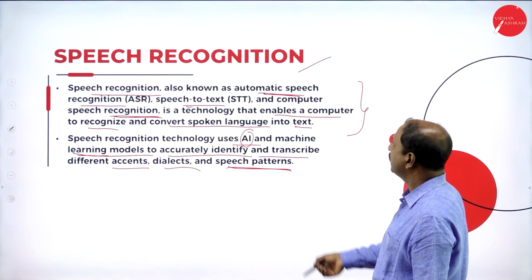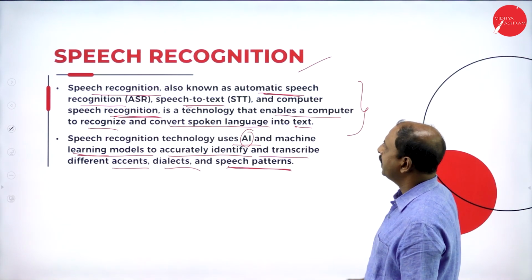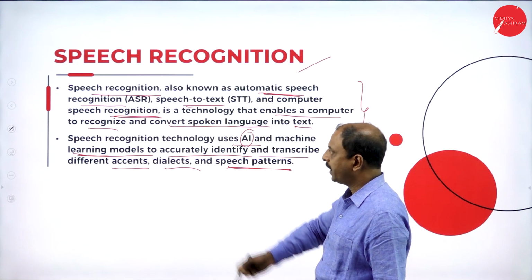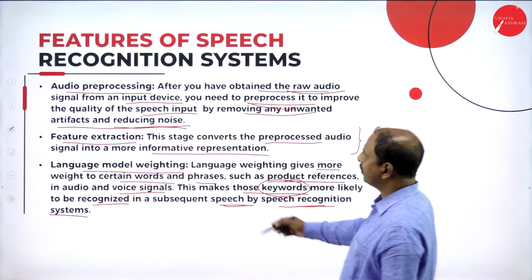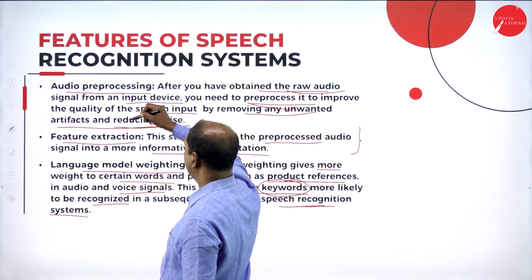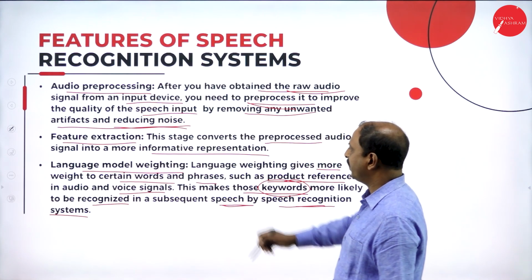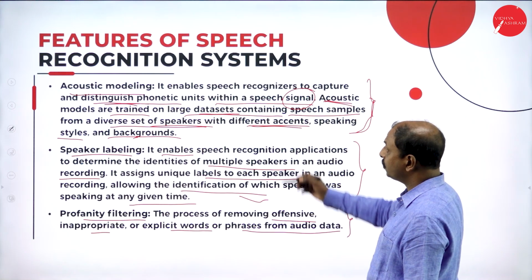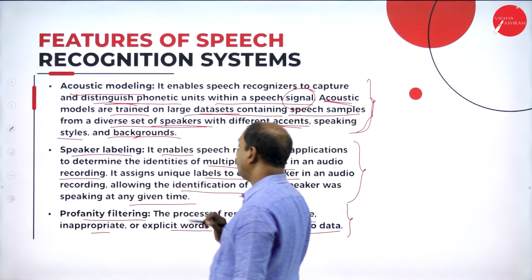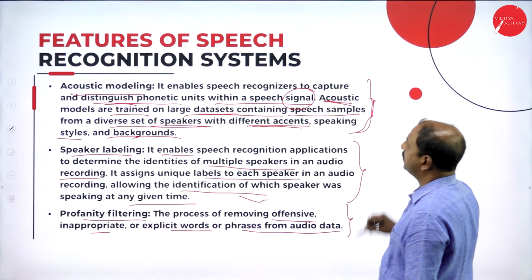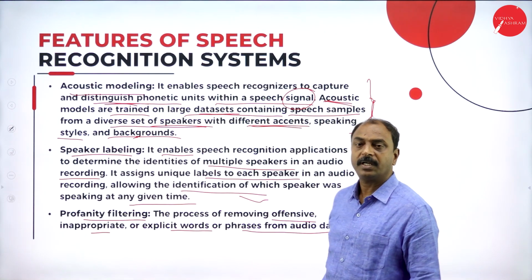To summarize, speech recognition is an application of AI systems. It involves many stages, starting with audio pre-processing and feature extraction, language model weighting, acoustic modeling, speaker labeling and profanity filtering. All these are different stages involved in speech recognition.